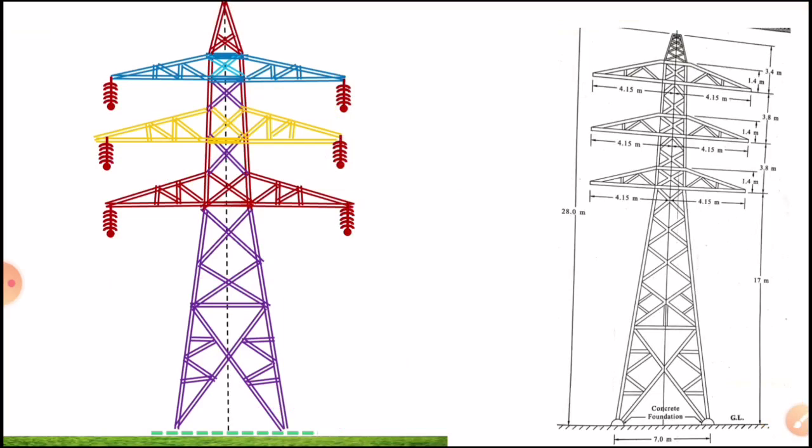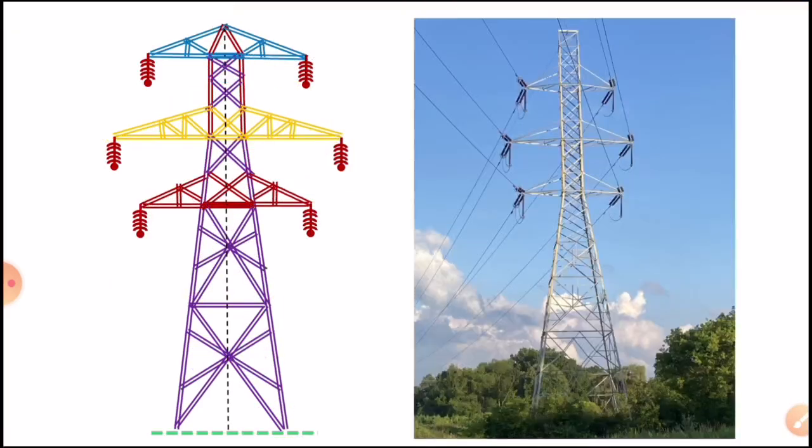These may have different shapes. You can see these are other 220 kV towers; the top position may be changed. Now you can see other towers besides 220 kV. We can also observe 400 kV towers around us.